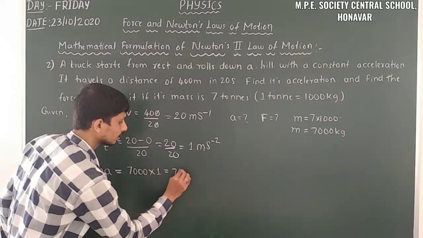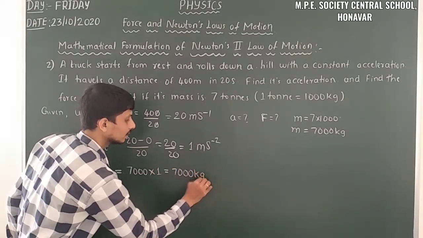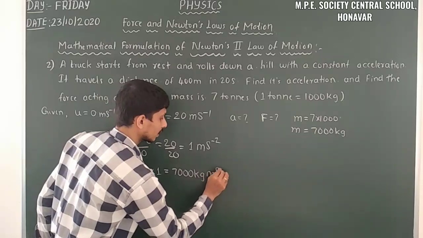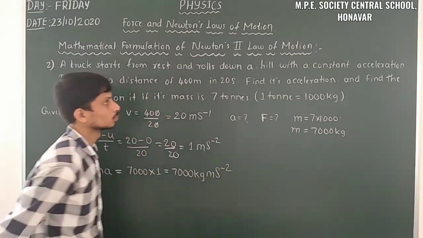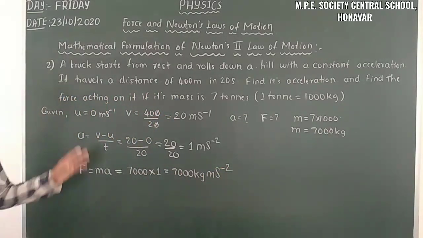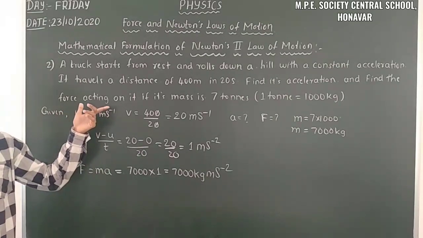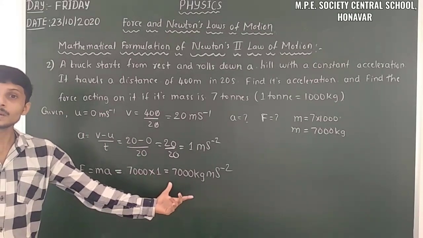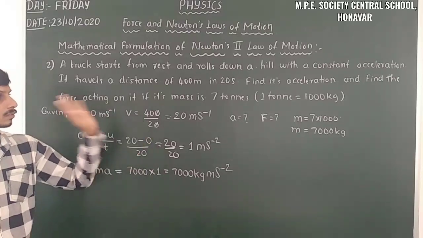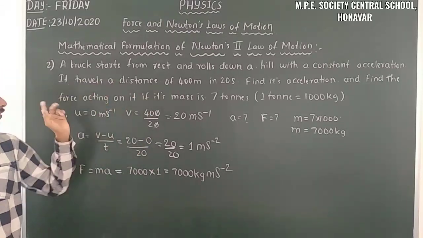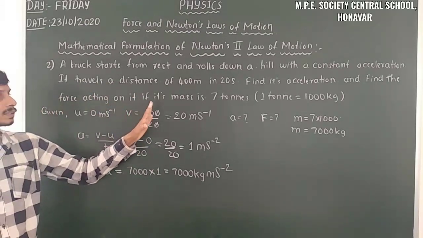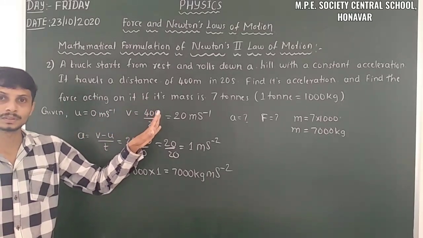That is 7000 kg meter second raised to minus 2. So that means we have to apply this amount of force in this case. So find the force acting on it if its mass is 7 tons.